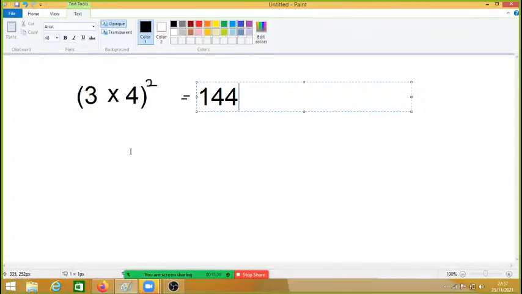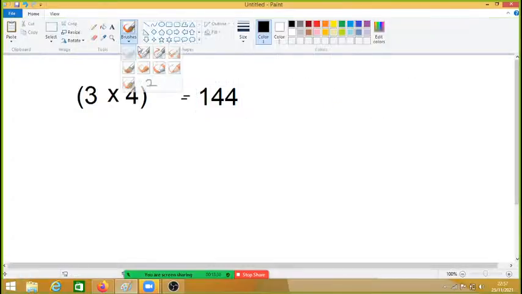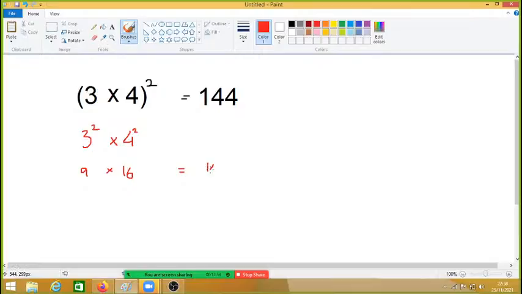And if I use the method that I wasn't allowed to use for adding, but use it here with timesing, then I can apply the power of 2 to each bit: 3 squared, and now apply the power of 2 to the 4, that's 4 squared. 3 squared is 9, 4 squared is 16, and 9 times 16 does work out to be 144.